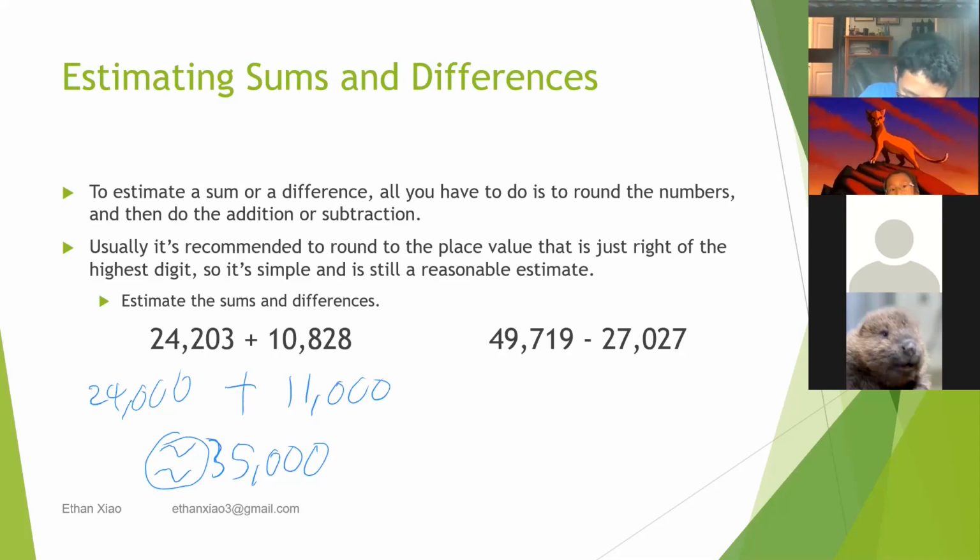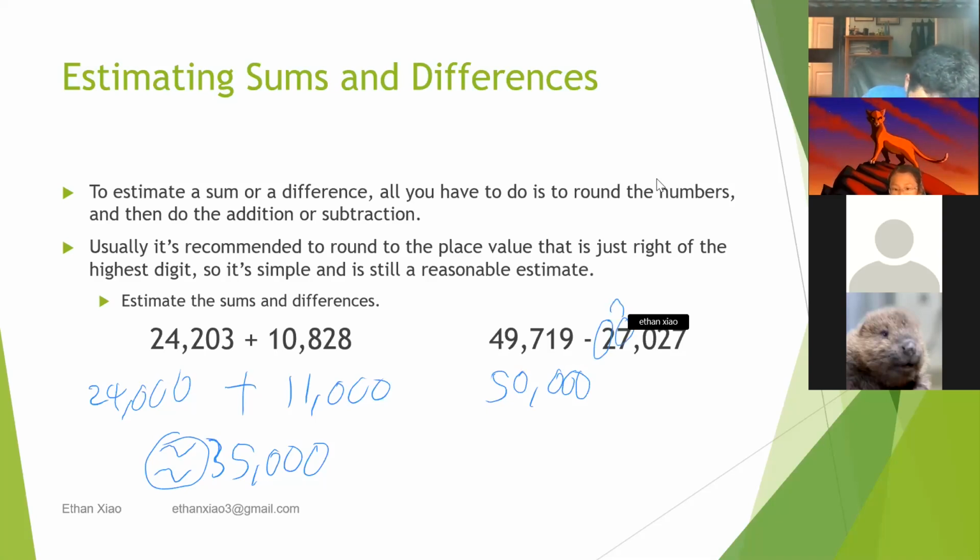49,719 minus 27,027. So I'm going to round this to the nearest thousand because it's just to the right of the first digit, 50,000. You should always estimate to the place value that is just right of the first place value.